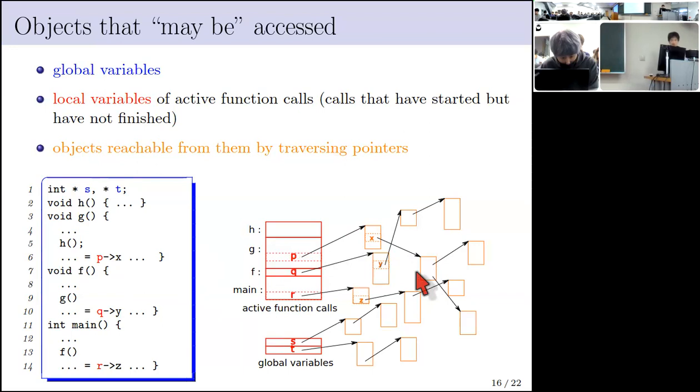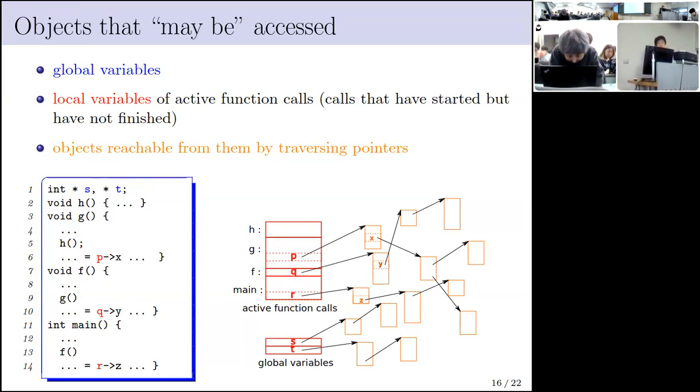And transitively, the memory block that is referenced by this object may also be used. So the net result is we are going to assume that objects that are reachable from global variables and local variables by traversing pointers are all objects that may be used in future. This is basically how the garbage collector determines if some memory blocks or objects may be used in future.